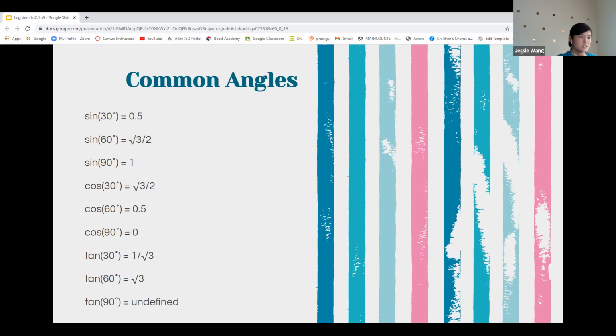And again, this is because tan of 90 degrees is equal to sine of 90 degrees over cosine of 90 degrees. So as we see here, sine of 90 degrees is 1, and cosine of 90 degrees is 0, so this is going to be undefined.